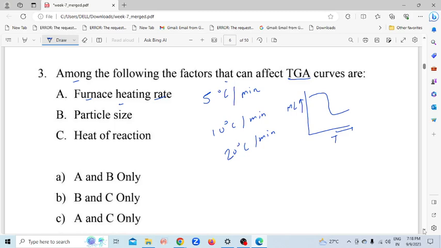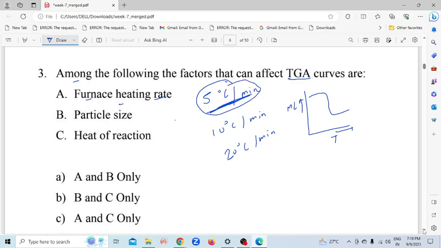Suppose the heating rate is low, only 5 degrees centigrade per minute. Then the sample will have more time to decompose, so your TGA curve and its shape will change, because mass loss will be higher at 5 degrees centigrade. You can say complete decomposition will occur.